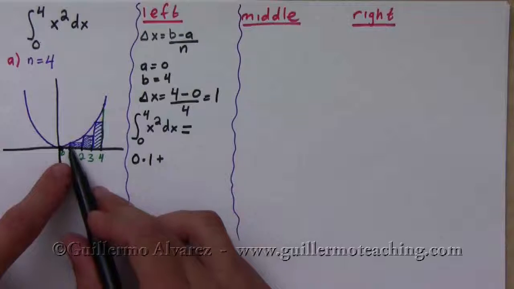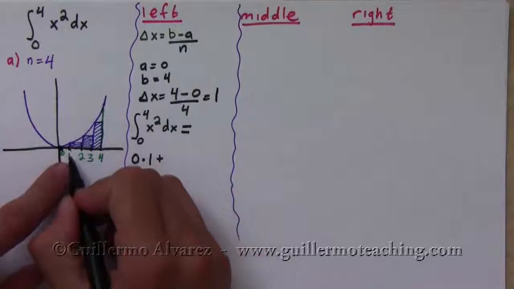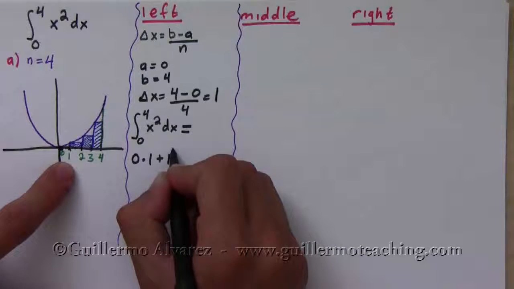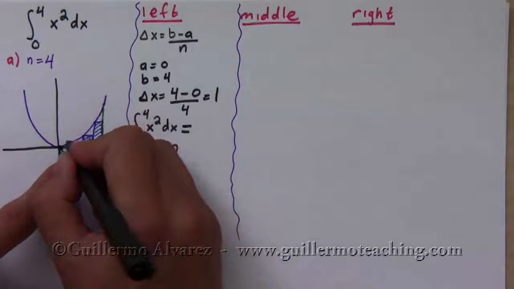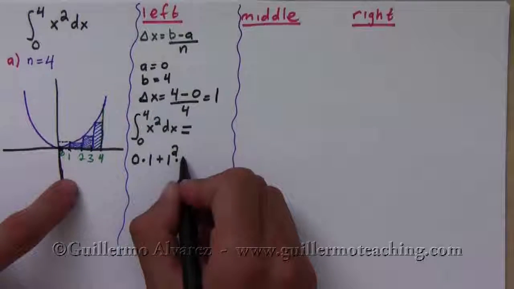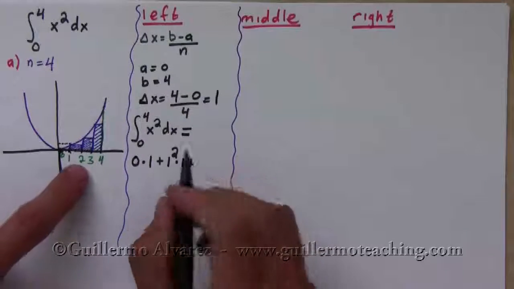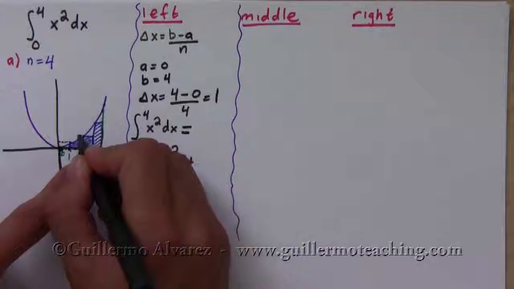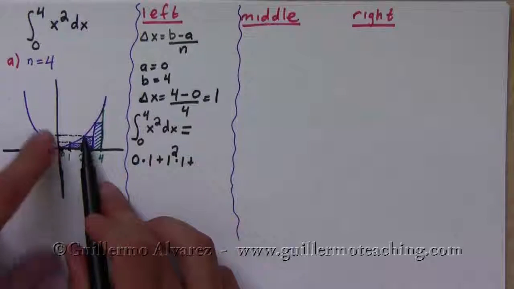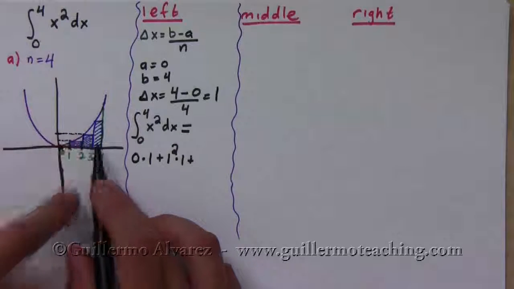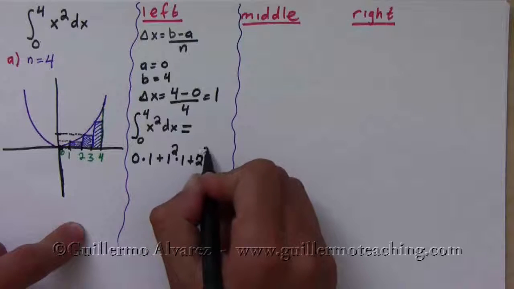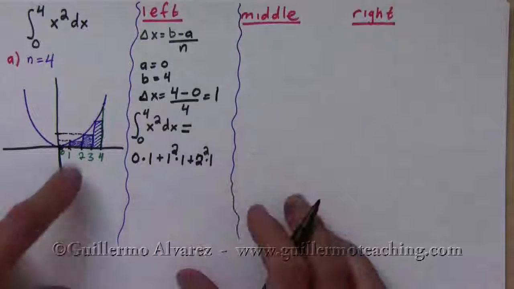the height of the rectangle when x is equal to 1, well, this is equal to 1 squared, right, times the width, which is 1, plus the height of the rectangle at 2, well, at 2, my parabola is 4, so let me just write it as 2 squared times 1.